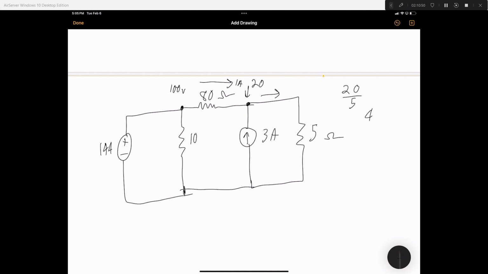And this way is 4 amps, which is much greater.